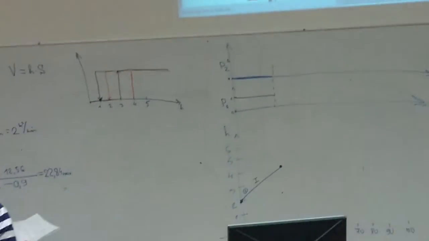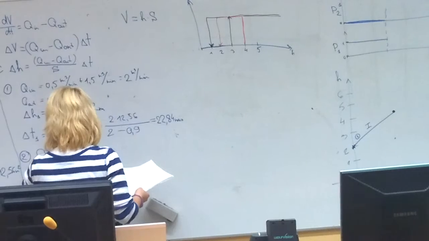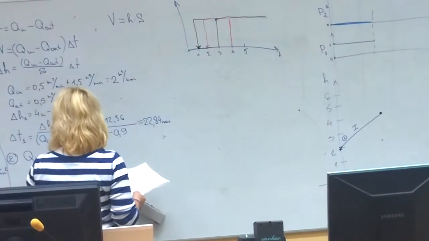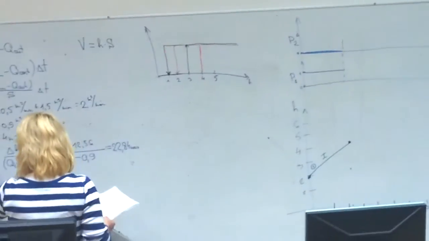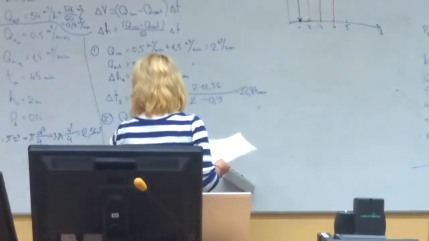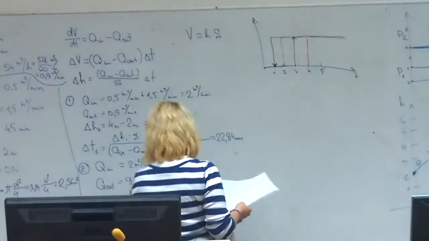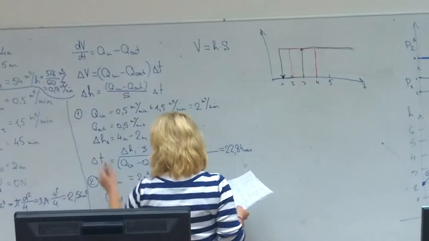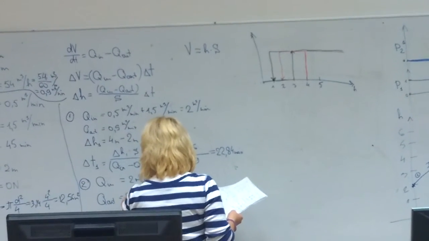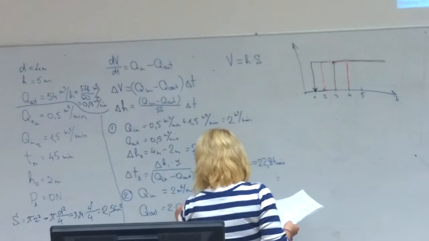So basically, we still have this condition that inflow equals 2 cubic meters per minute, and outflow has changed, and right now 2 pumps are working because they have the same performance, so it will be doubled.